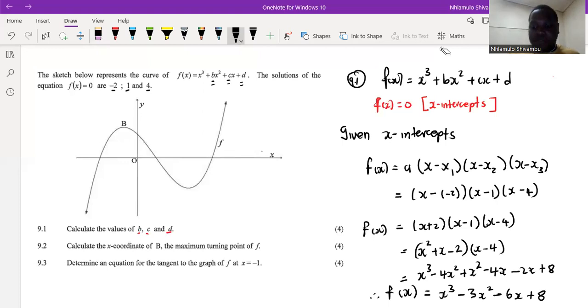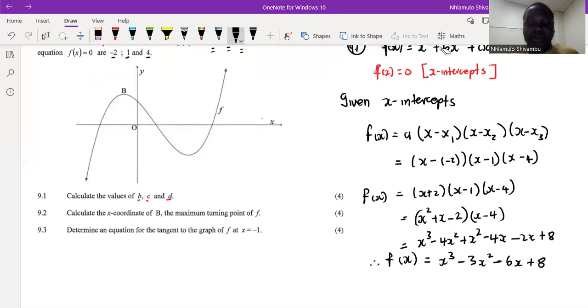So therefore, from these equations, we can tell that the value of b will be equal to the coefficient of x squared, which is minus 3. And then c is going to be the coefficient of x, which is minus 6. And then d is going to be the constant, which is 8.